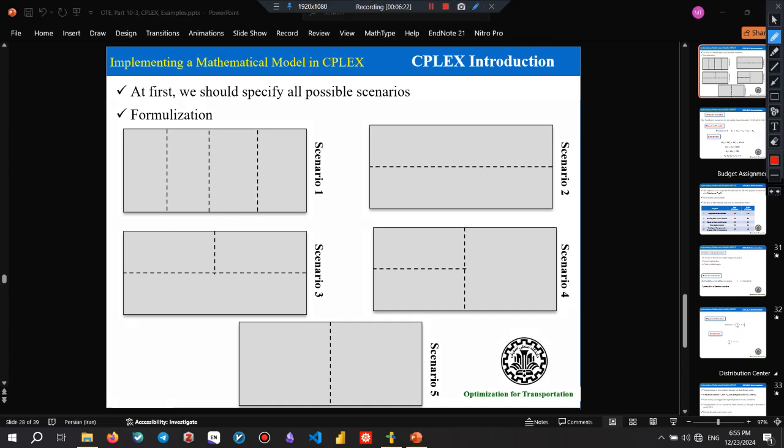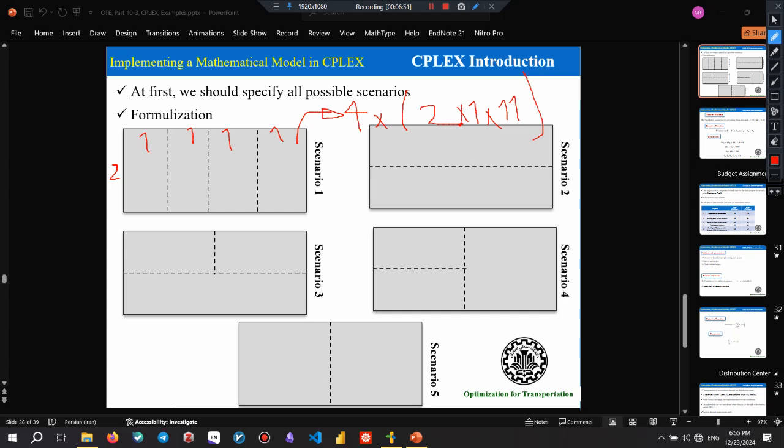So, for example, for the first scenario, you have this one, which is 2, 1, 1, 1, 1. That means you can have four lumbers that are in 2, 1, 11 dimensions.